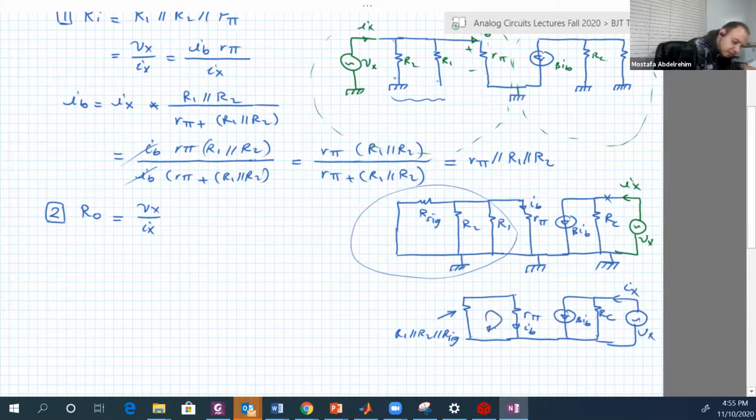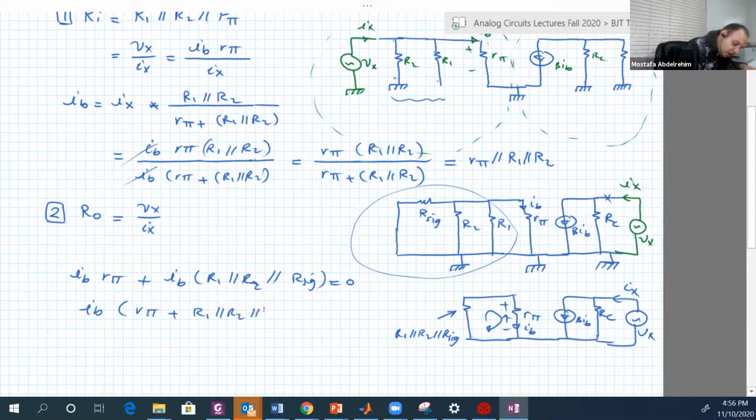From this loop here, IB R-pi plus IB R1 parallel R2 parallel R signal equal to 0. So IB times R-pi plus R1 parallel R2 parallel R signal equals 0. So either IB is equal to 0, or R-pi plus R1 parallel R2 parallel R signal equals 0.